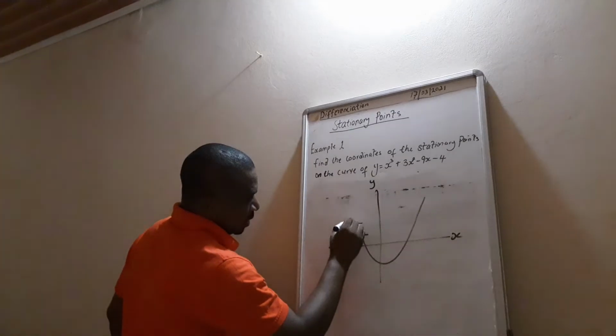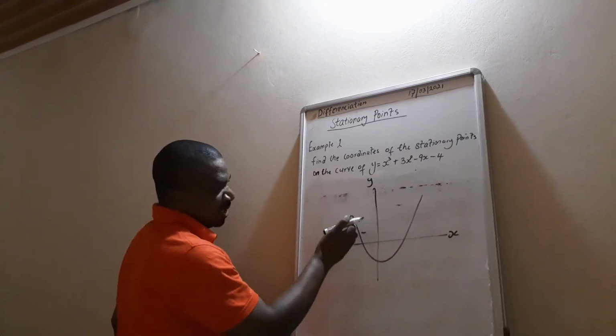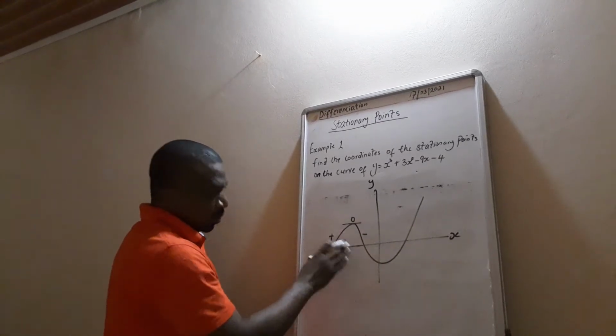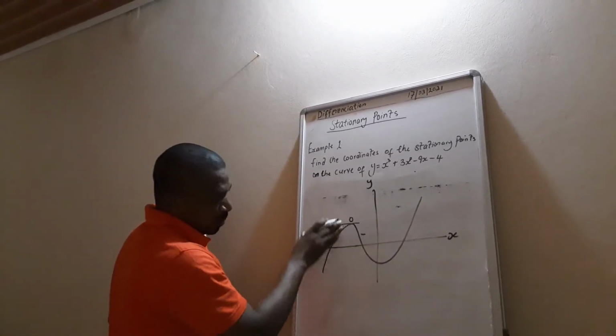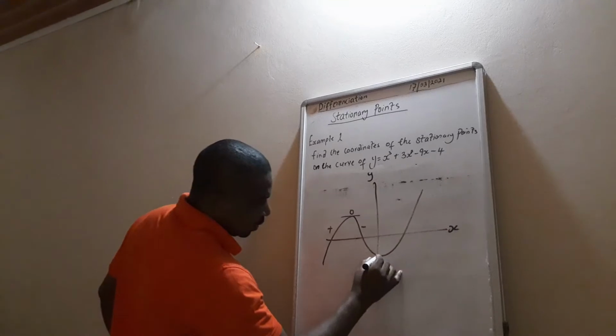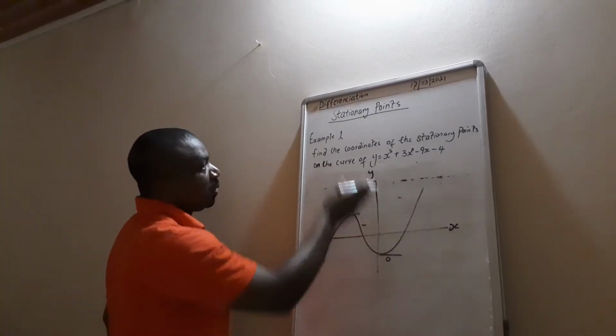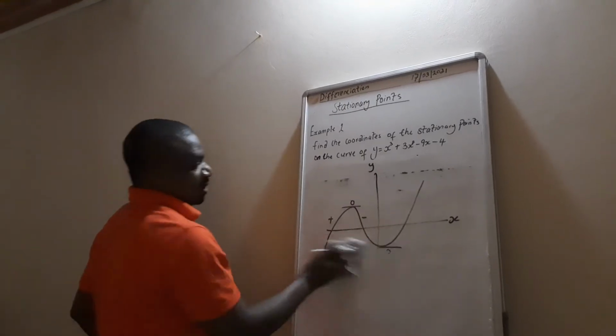Here is called the stationary point because this is the point where the derivative is 0. It's turning and moving downward. This side is also called a stationary point. So we use this graph to explain stationary points.